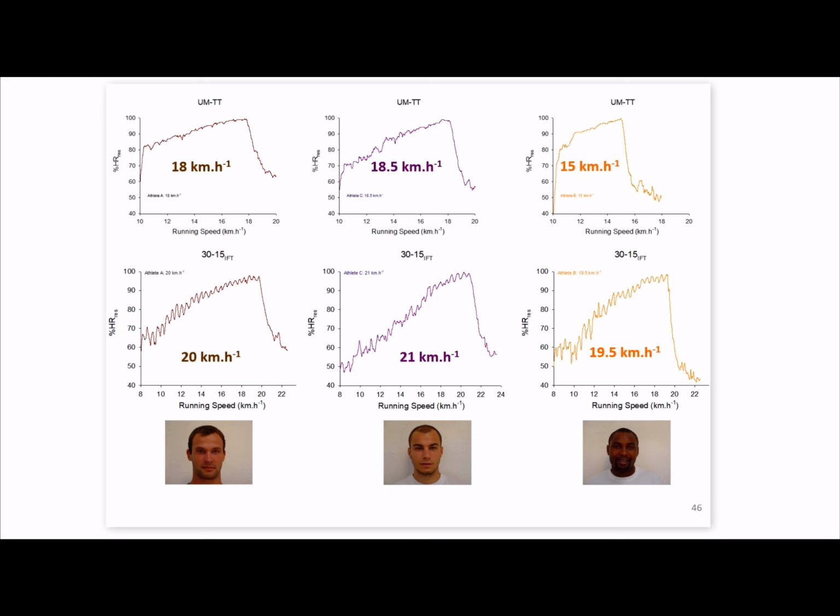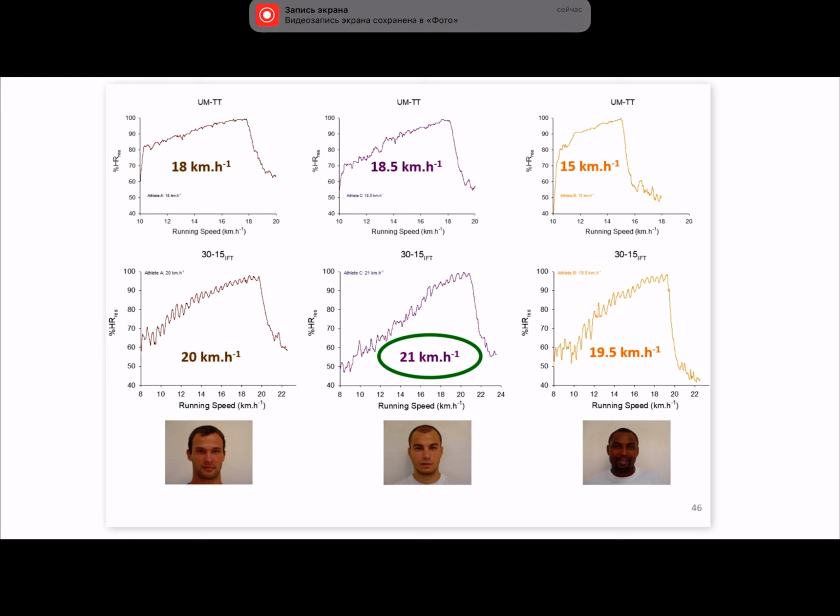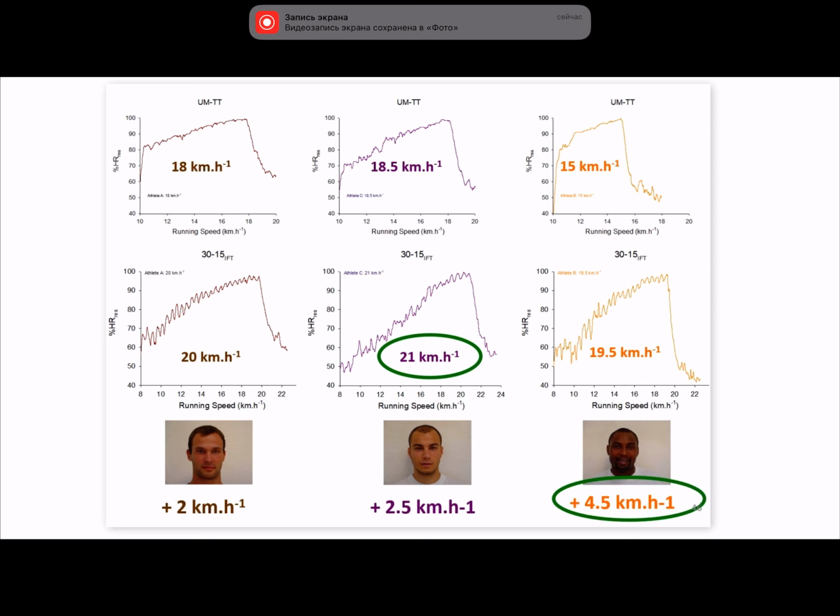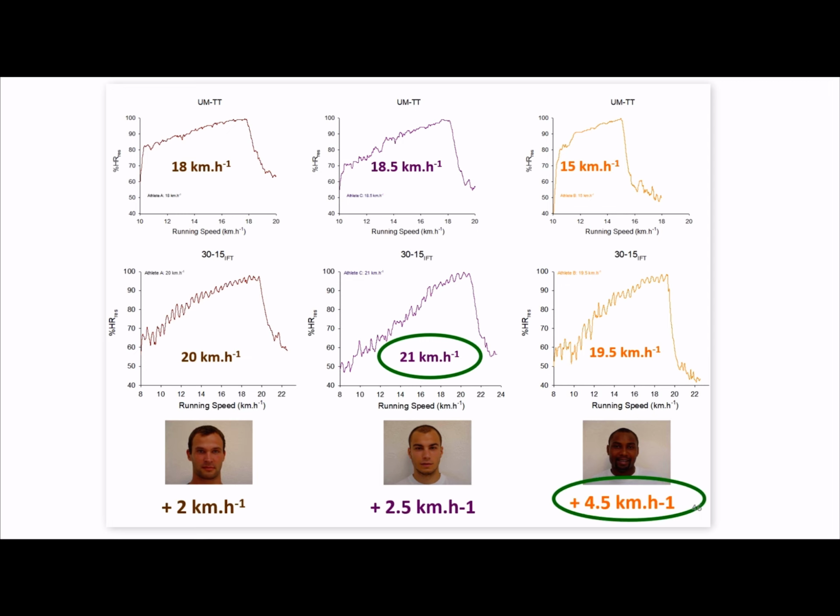Obviously, they all go faster, and the best performer is without surprise the guy with the mixed profile, because he has a bit of all the different qualities to perform better on the test. But what is of interest is the actual improvement between the continuous linear test and the 30-15.